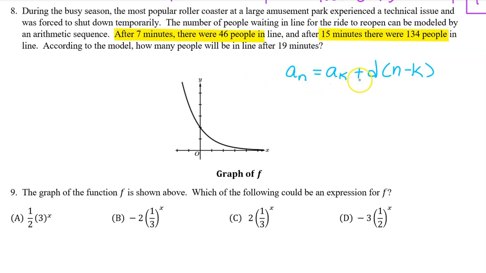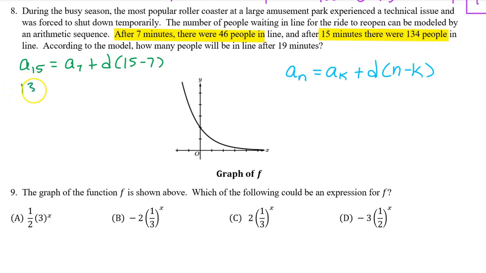Using the general model for an arithmetic sequence, I can write A15 is equal to A7 plus the common difference times 15 minus 7. A15, after 15 minutes there were 134 people.